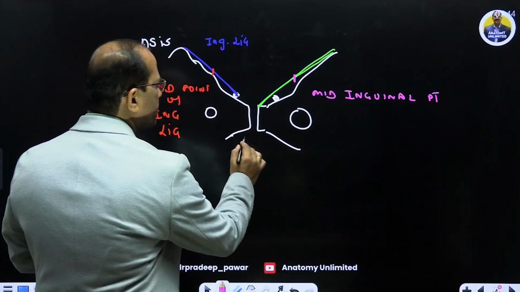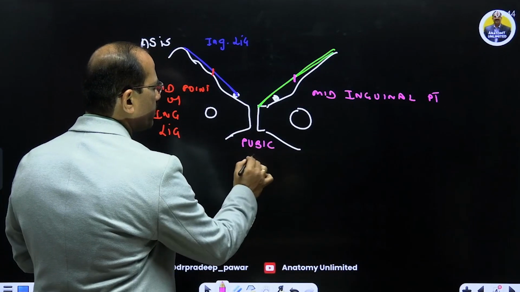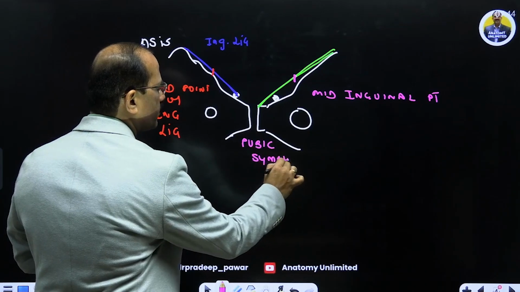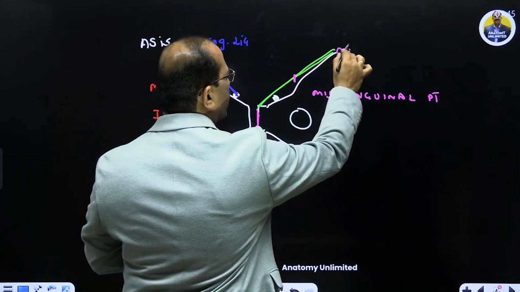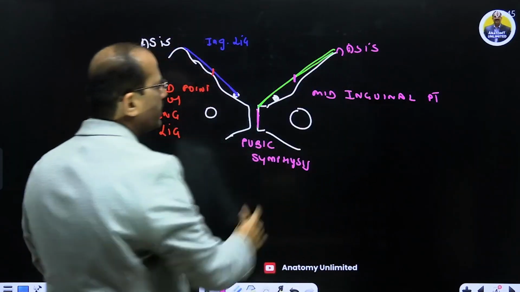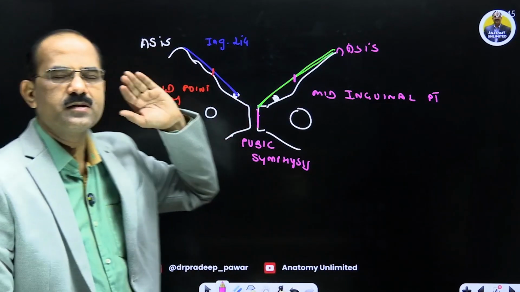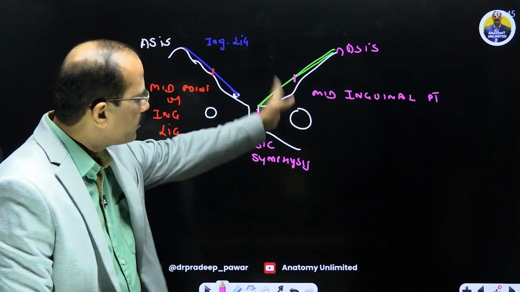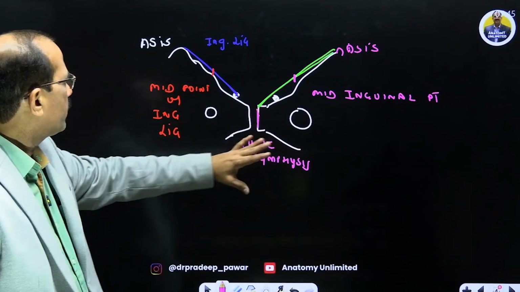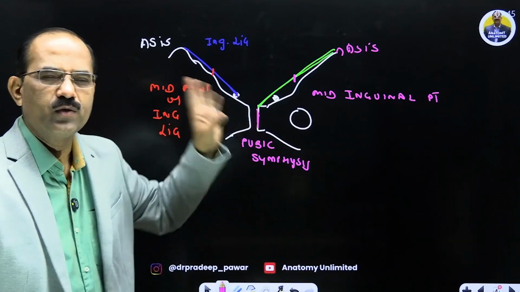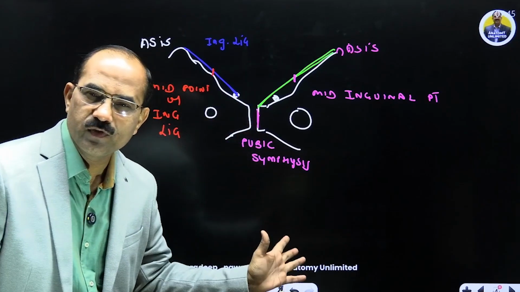And this is pubic symphysis, मैं यहाँ पे लिखता हूँ pubic symphysis. So anterior superior iliac spine to the pubic symphysis, उसका midpoint, that's a mid-inguinal point. क्लियर बच्चों, ये mid inguinal point और midpoint of inguinal ligament, ये दो अलग अलग चीजें हैं. Is this clear to all of you?